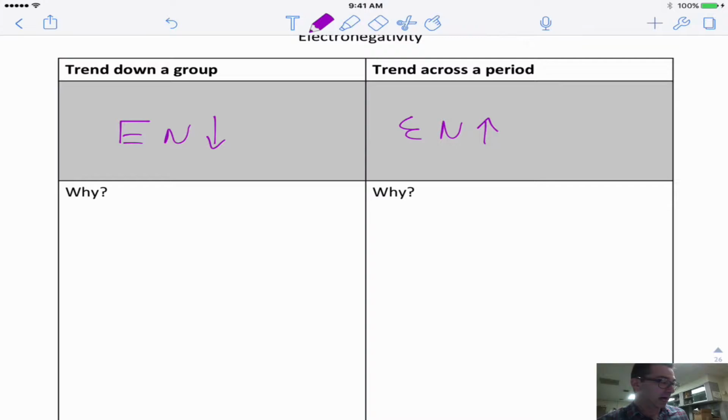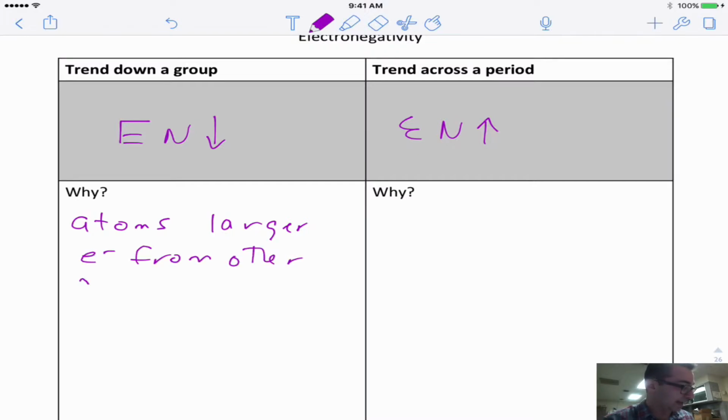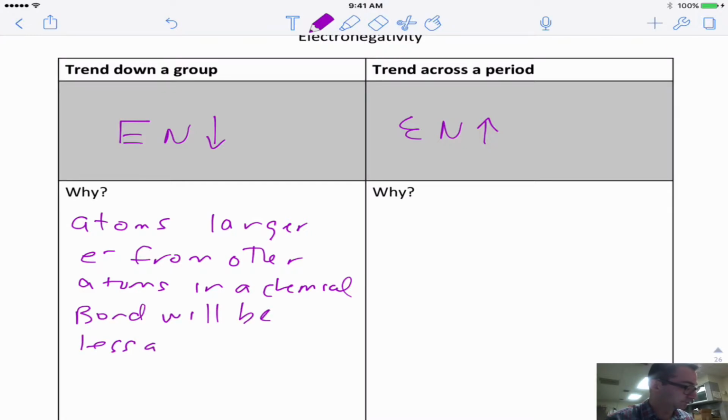So if we put the why into that context, remember as you go down a group that the atoms are getting larger. This means that electrons from other atoms in a chemical bond will be less attracted to the atom's nucleus.